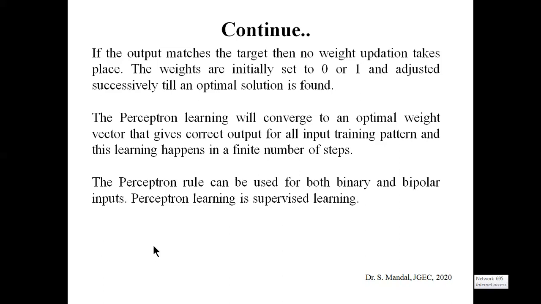If the calculated output matches with the target value, then no weight updation takes place. But if the calculated output does not match with the target, then weight updation takes place as per the earlier formulas. And remember, weight and bias are initially set to 0 or 1. And the value of weight and bias will be gradually updated till an optimal solution is found.